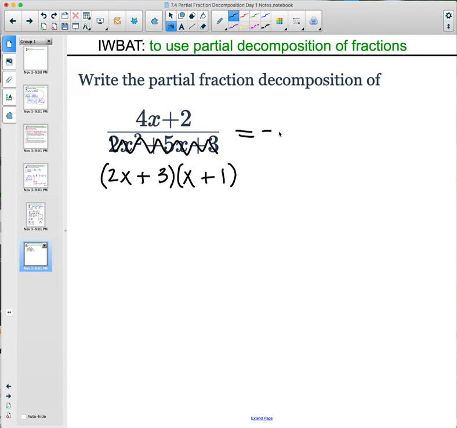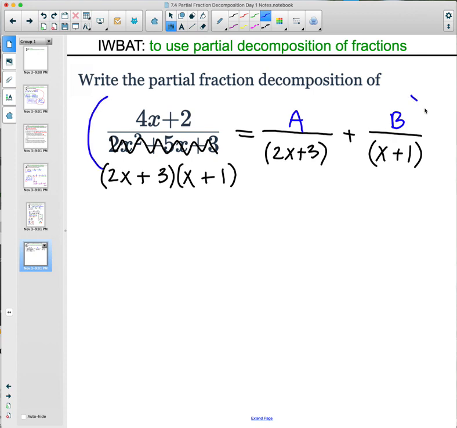So then write out your partial fractions with those factors on the denominator. So 2x plus 3 and then x plus 1. Both of those are linear denominators, so they're going to have constants above them. So A, B. Then you're going to want to multiply by the least common denominator, okay, which again should be the same as your factored denominator.